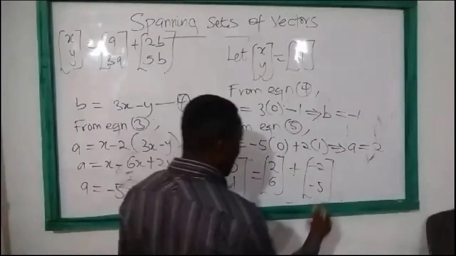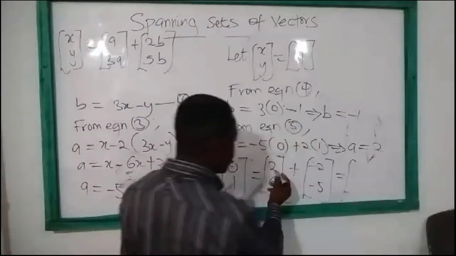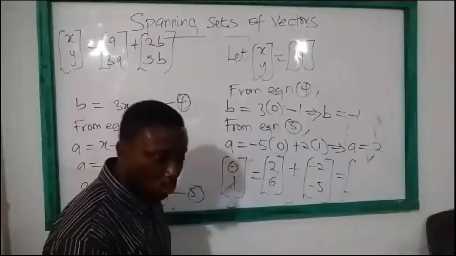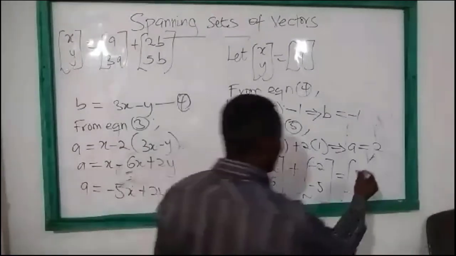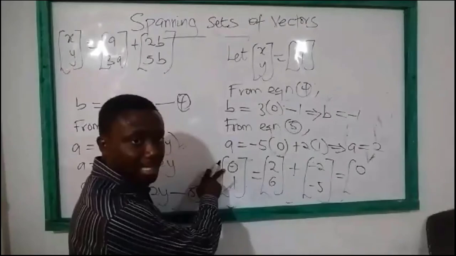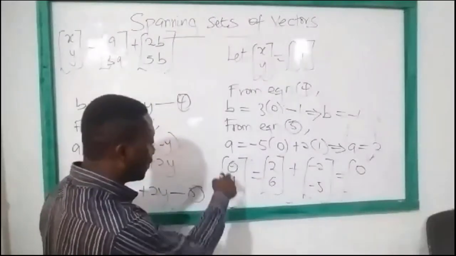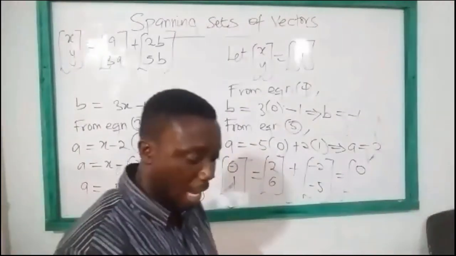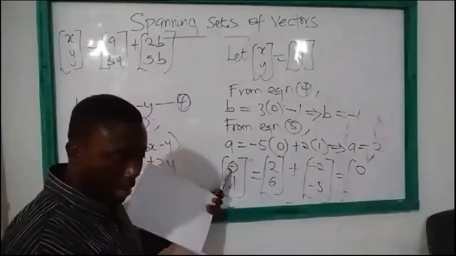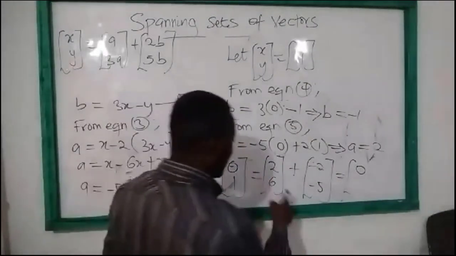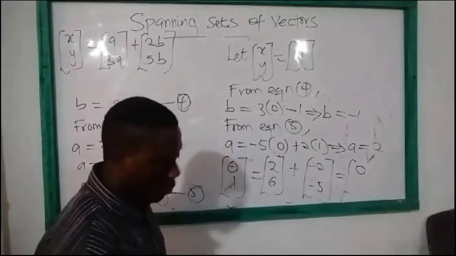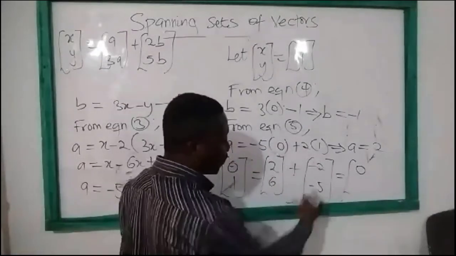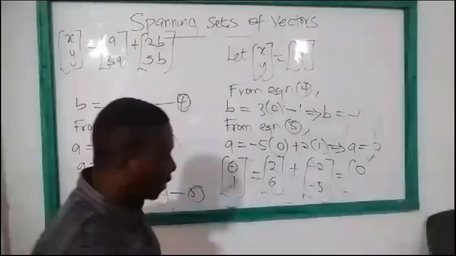You see that if you add 2 plus negative 2, that is going to be 0. So we have gotten the 0 that is here, the vector 0, 1 that we chose to be our values for X and Y. We have gotten the one at the top. Let's check the ones below. We have 6 plus negative 1. You are going to get 1.